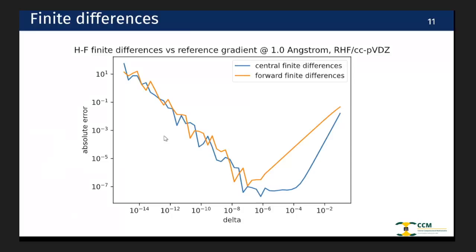In the limit of very small displacements, you run into the problem of finite precision. The floating point numbers of the computer are not sufficient to resolve the energy difference anymore. So, well, that of course goes away as you make the displacement larger. That's why that effect always looks like this.